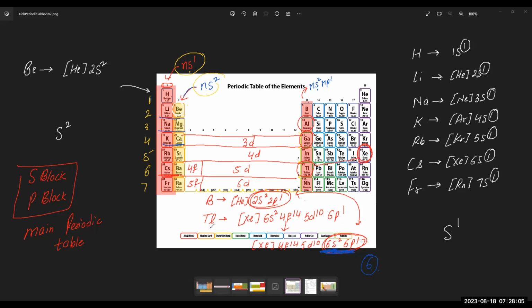How many inner core electrons are there in thallium? Inner core electrons, all these which are not part of your valence shell. So xenon is how many electrons? Xenon? 54. 4f14, so 14 from here and 10 from here. Afan, any confusion here?